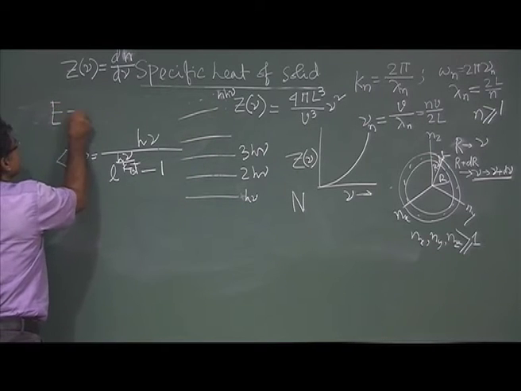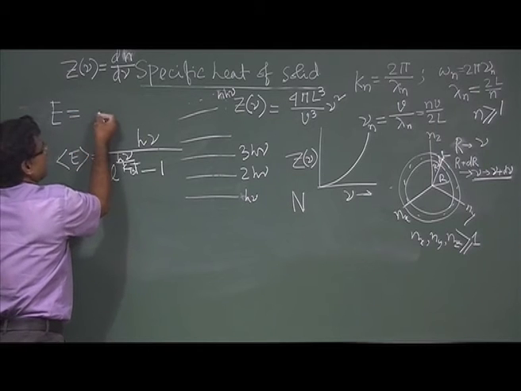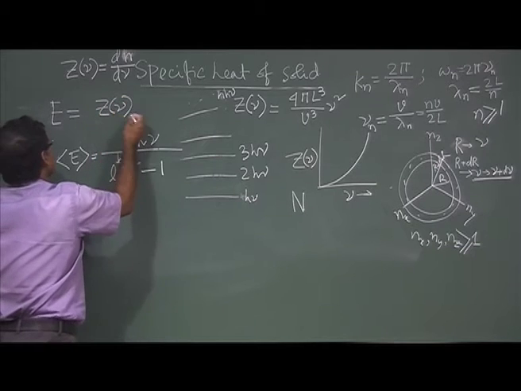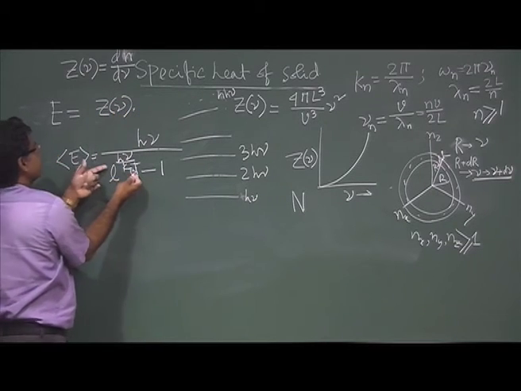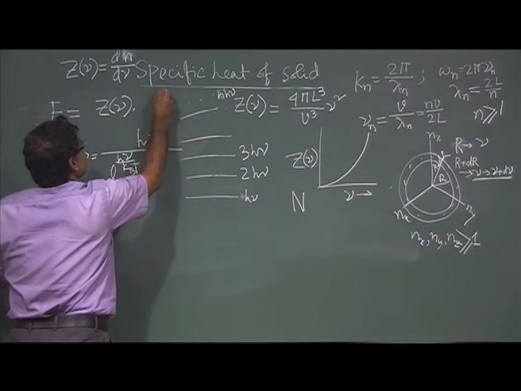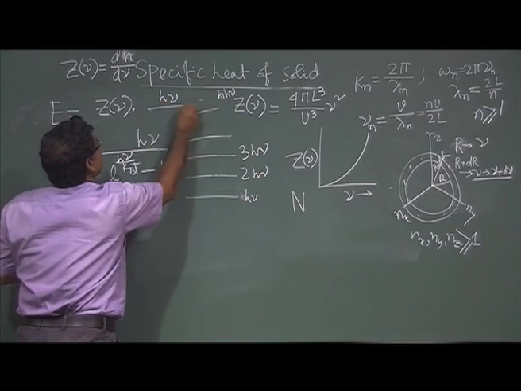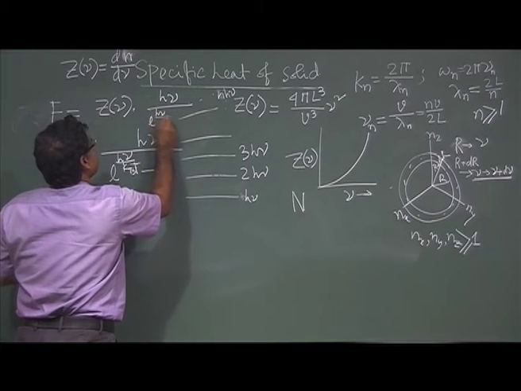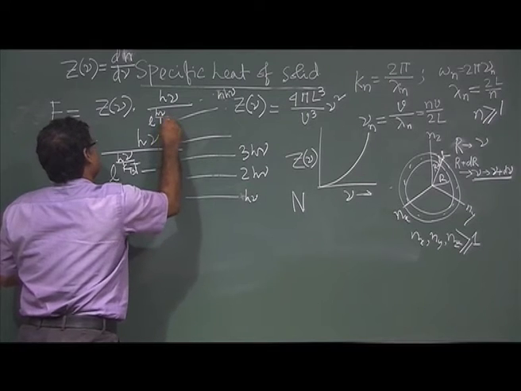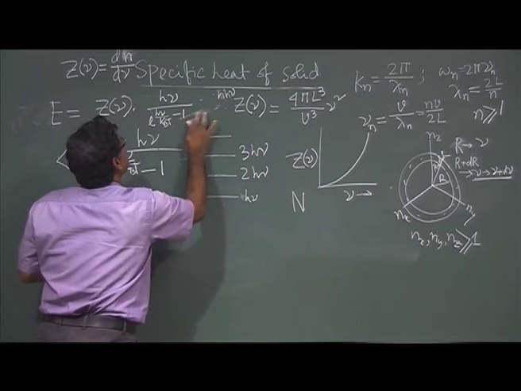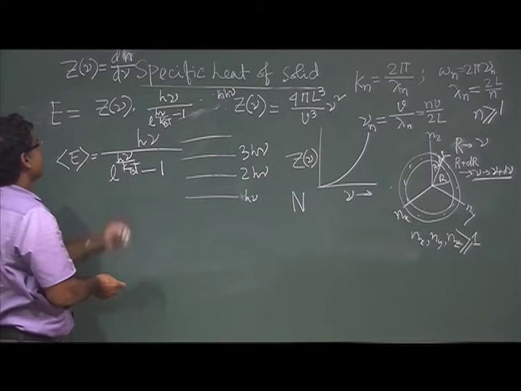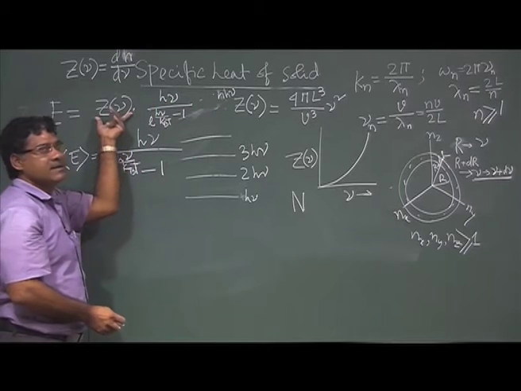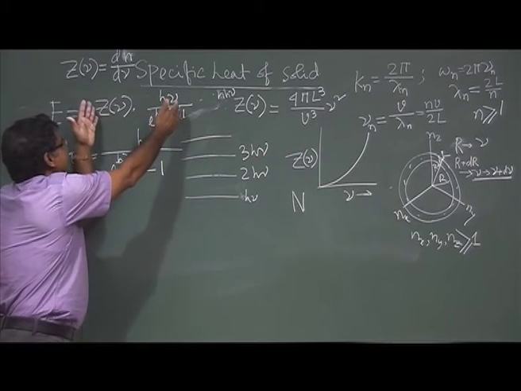E equals this Z nu into the average energy, h nu by e to the power h nu by kBT minus 1. Okay, this is the average energy for frequency nu, and this is the density.